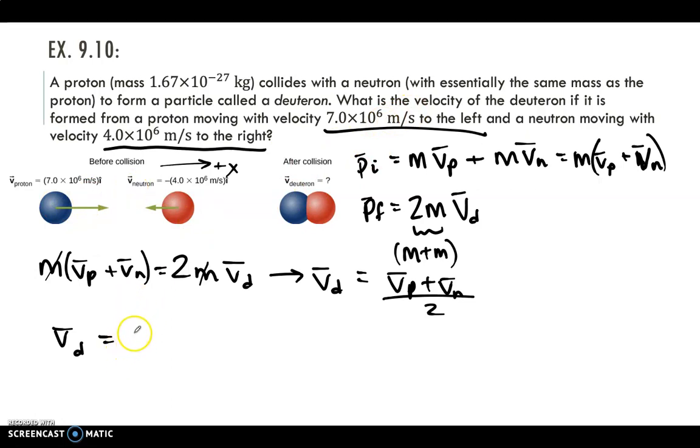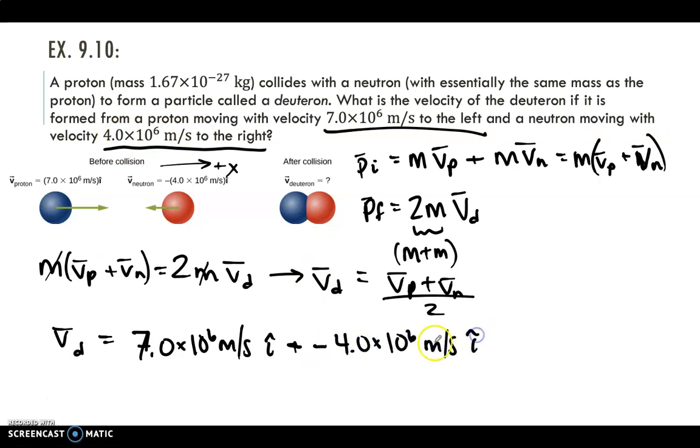So we're going to say 7.0 times 10 to the 6 meters per second in the i hat direction, plus our neutron, which is negative 4.0 times 10 to the 6 meters per second in the i hat direction, and all that divided by 2.